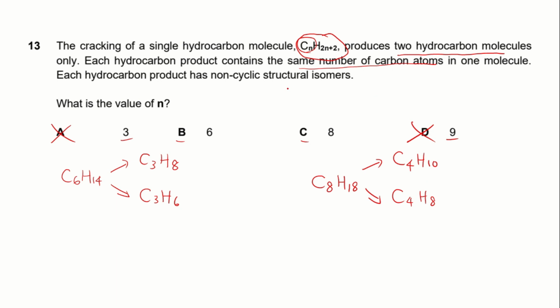Each hydrocarbon product has non-cyclic structural isomers. Okay, non-cyclic, so they don't join together like this. They are aliphatic isomers. I'll now draw the structure of C3H8, C3H6.